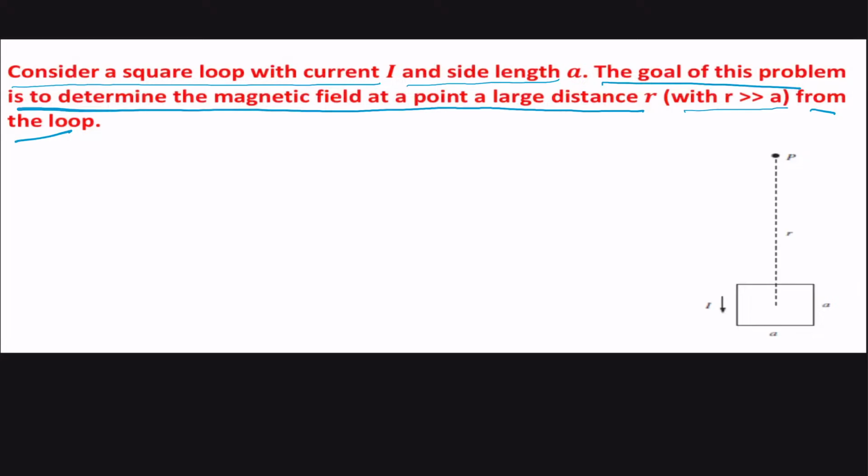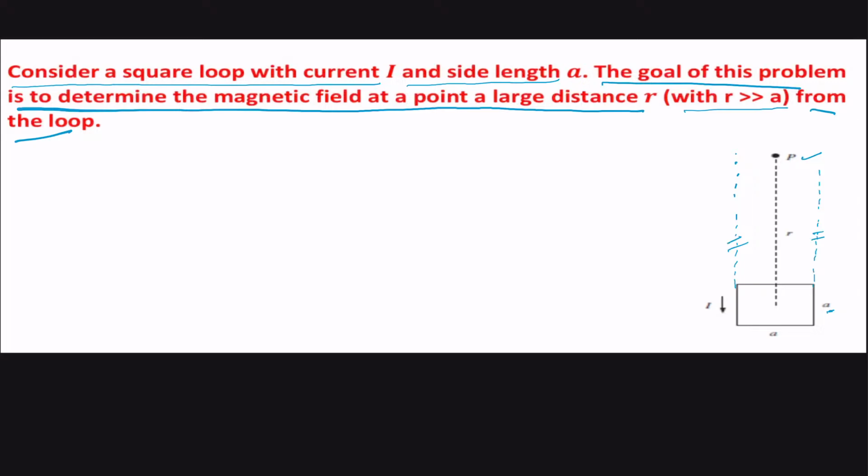And in general, how we try to solve it is that the point P is given to us, and this is very far as compared to the side of the square. In general, we assume that one of these sides is ideally parallel to this point P, so that the field because of these parallel sides we basically neglect.